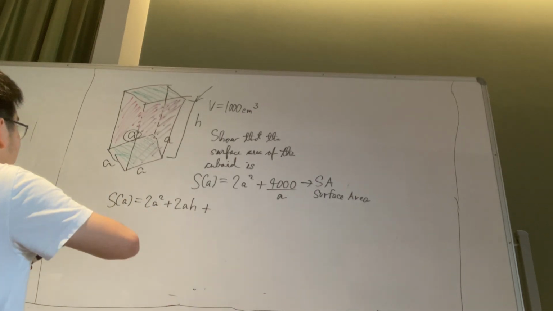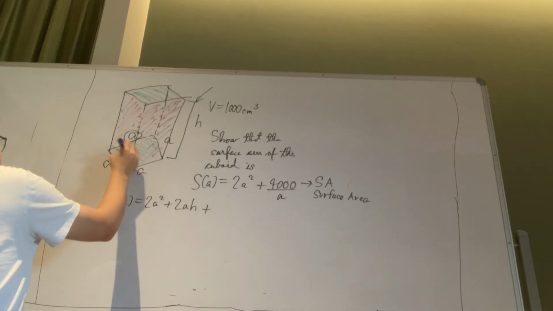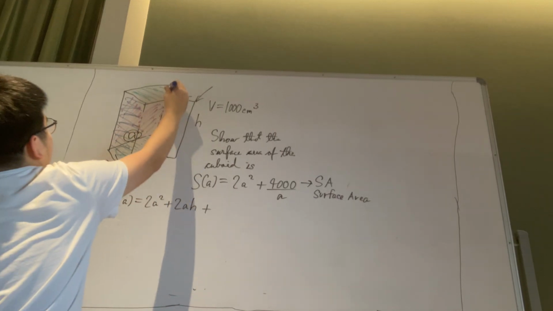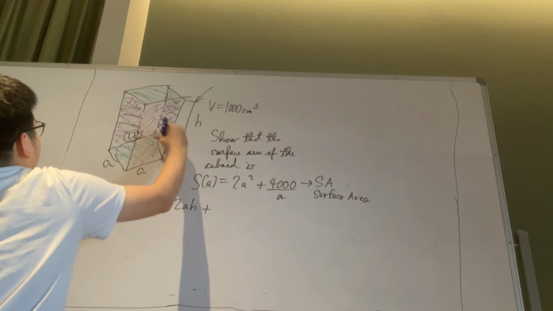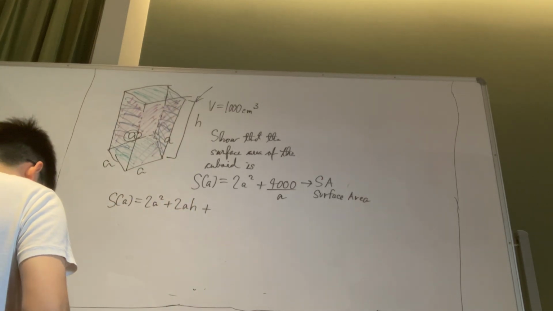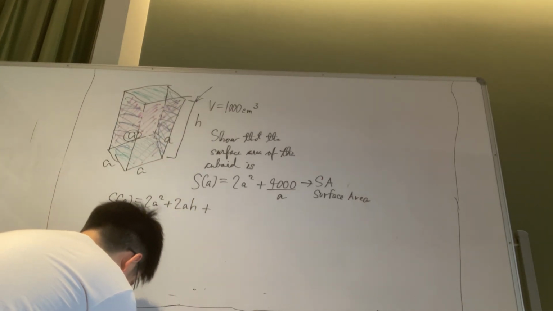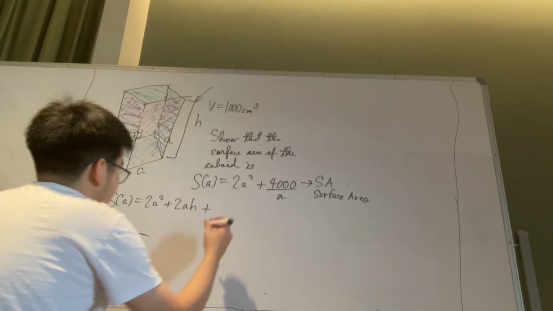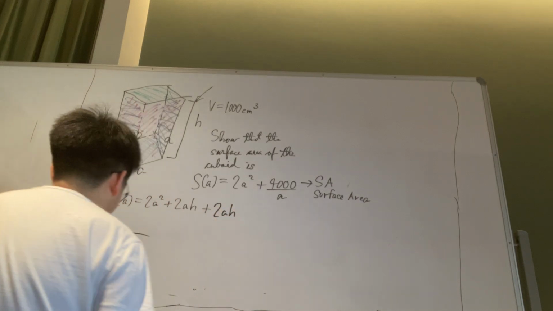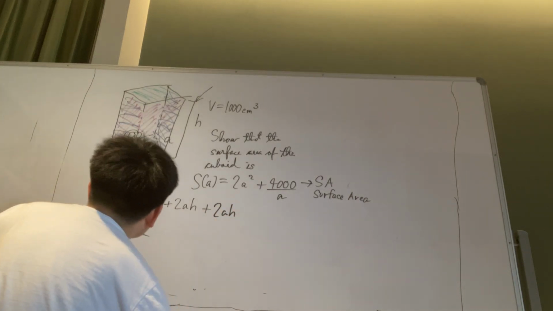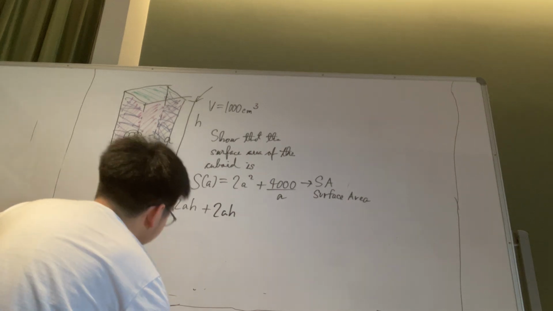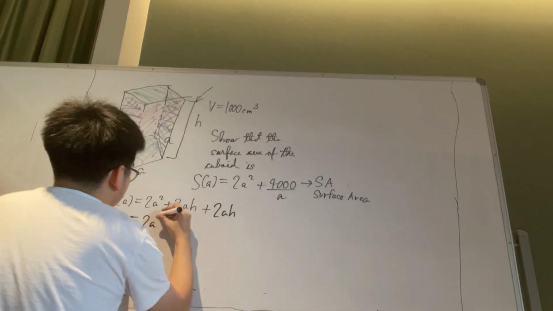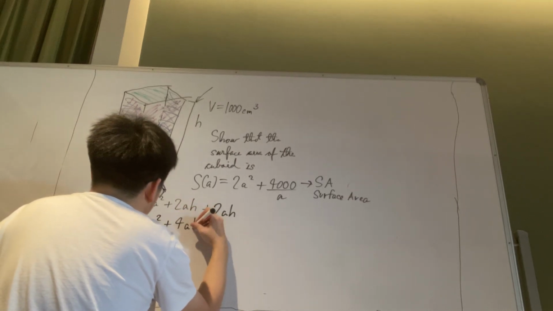But then we have one more, which is opposite here. I can't shade it, the marker is not good enough for that. And that is given by 2AH again. So we get 2a squared plus 4AH.